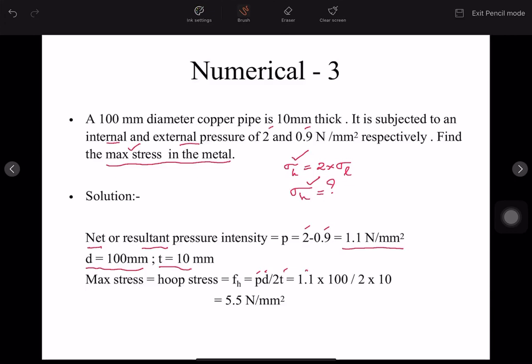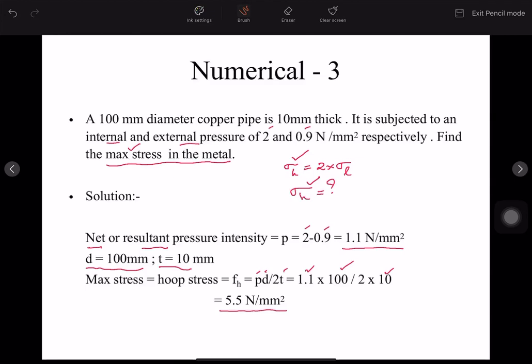So P is 1.1, D is 100, T is 10. We get a value of 5.5 Newton per mm square, right?